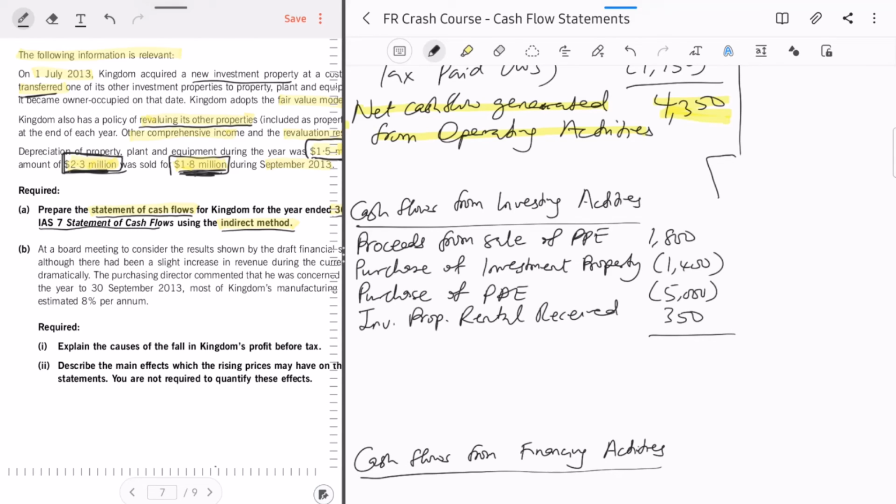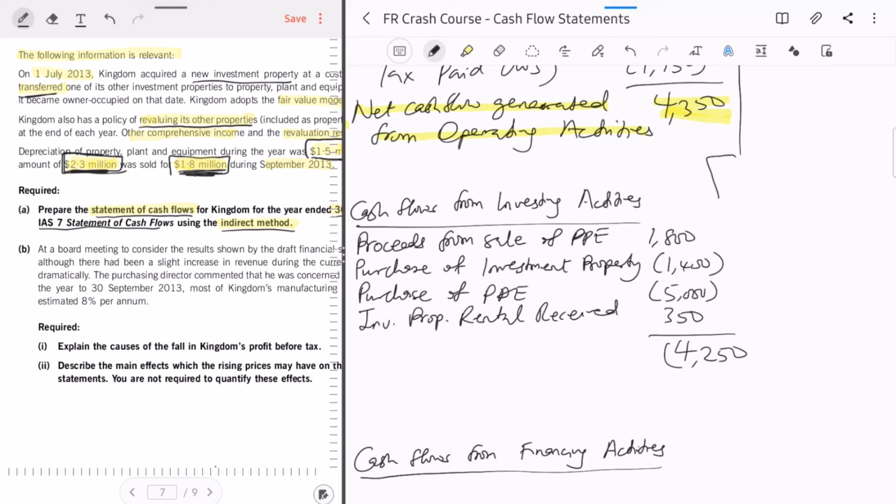So let's sum up as well. What does that give us? So we have 1,800 minus 1,400 minus 5,000 plus 350. That gives me 4,250, right? So 4,250, and this is negative, right?